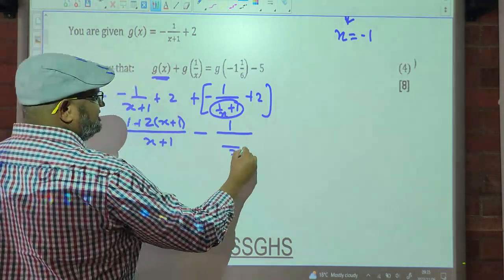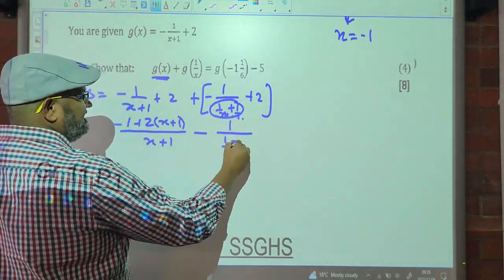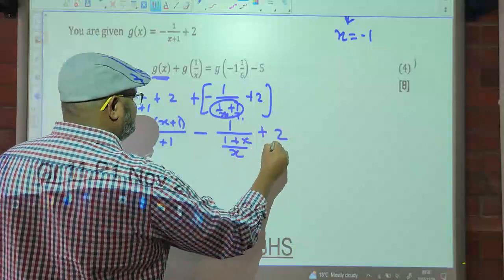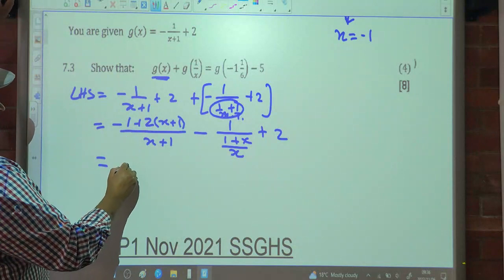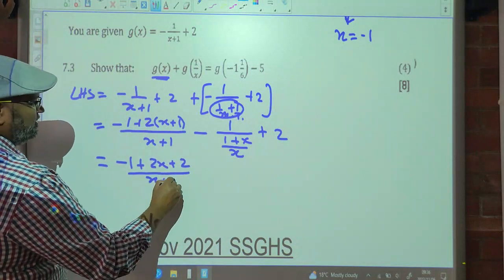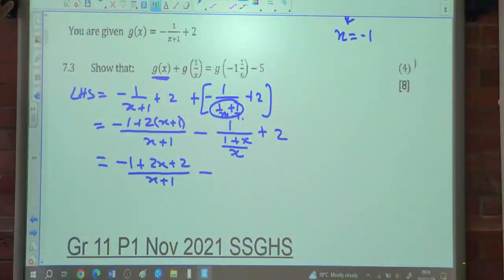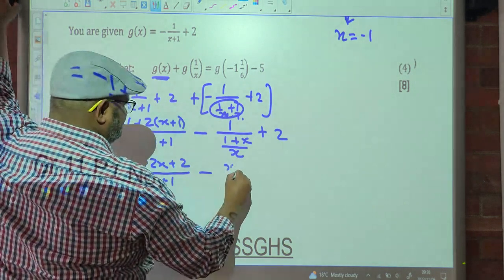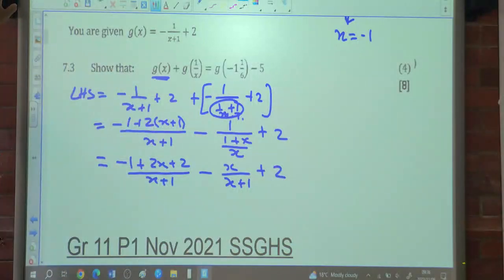So that is going to be multiplied by 1, multiplied by x plus 1. So that now gives us minus 1 plus 2x plus 2 over x plus 1, minus, this whole take is reciprocal: 1 divided by 1 plus x over x can be written as 1 multiplied by x over 1 plus x, which is x plus 1, plus 2.